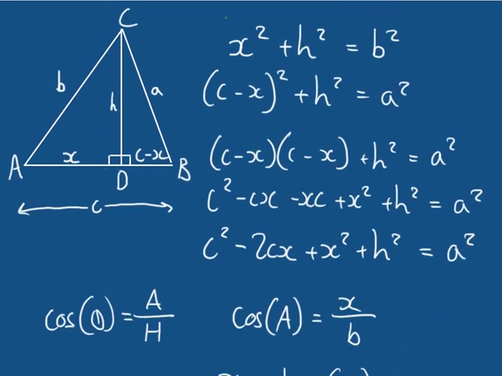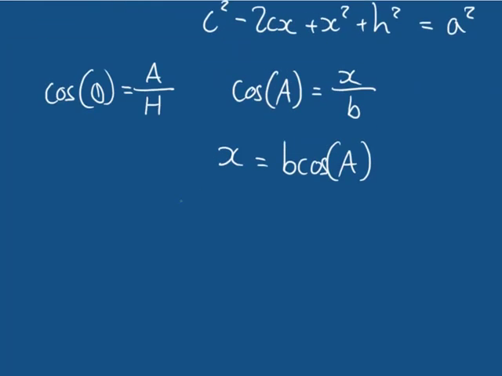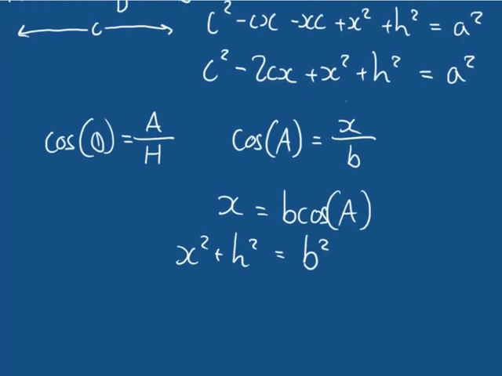So the first equation was x squared plus h squared is equal to b squared. And then our other equation here is c squared minus 2cx plus x squared plus h squared is equal to a squared.